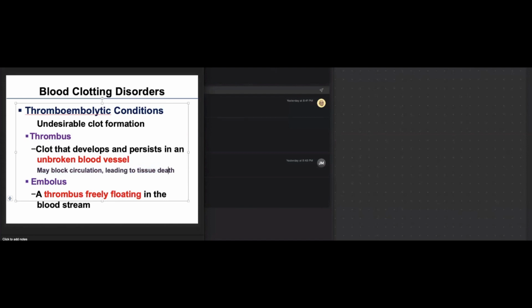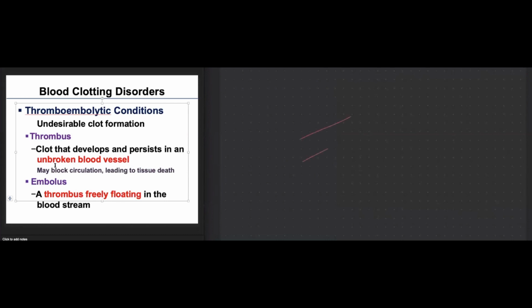If, for example, here I have a blood vessel, and for any reason a blood clot was formed due to disturbance, let's say in the antithrombin 3. So the problem here causes the formation of a blood clot.